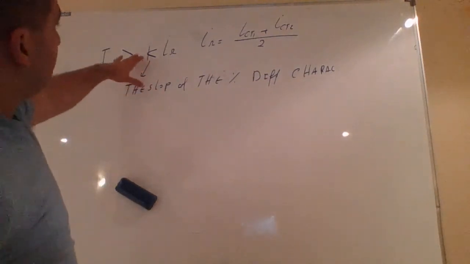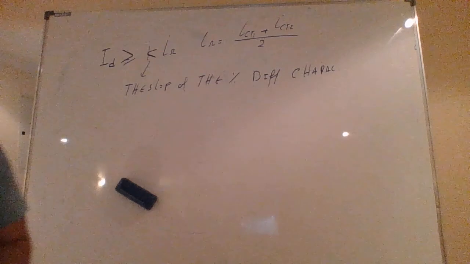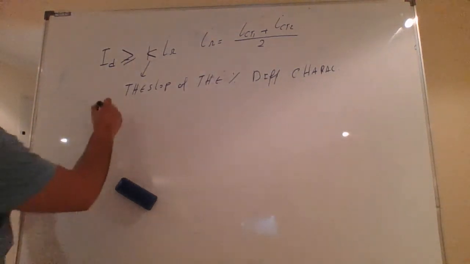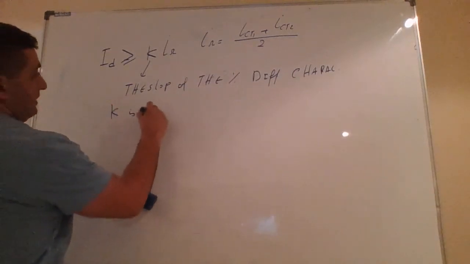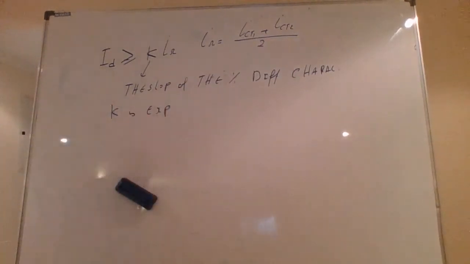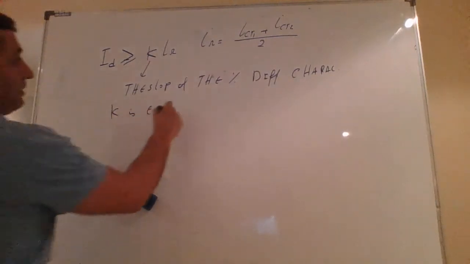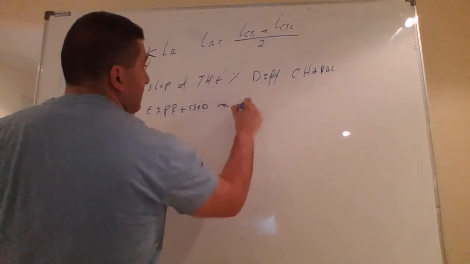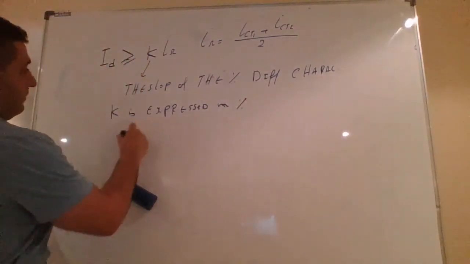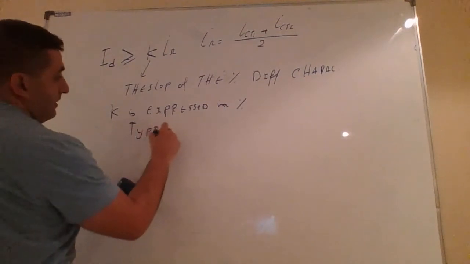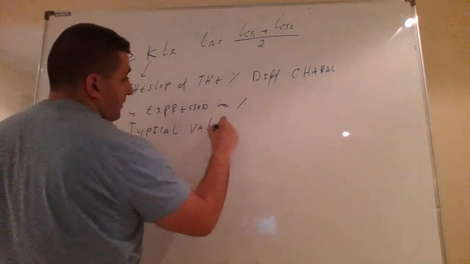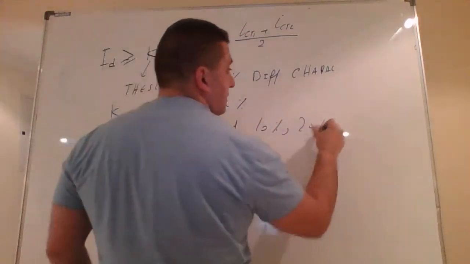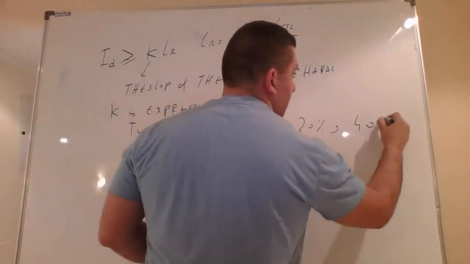Let's first discuss K. What's K? A typical value for K is expressed in percentage, with typical values of either 10%, 20%, or 40%.